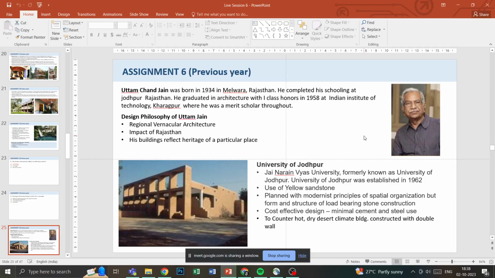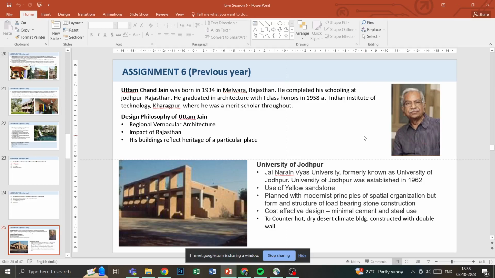University of Jodhpur, Jai Narayan Vyas University. It was formerly known as University of Jodhpur. Now it is called Jai Narayan Vyas University. It was established in 1962. There is a huge use of yellow sandstone, which is local to Rajasthan, in this building. It is planned with modernist principles of spatial organization.